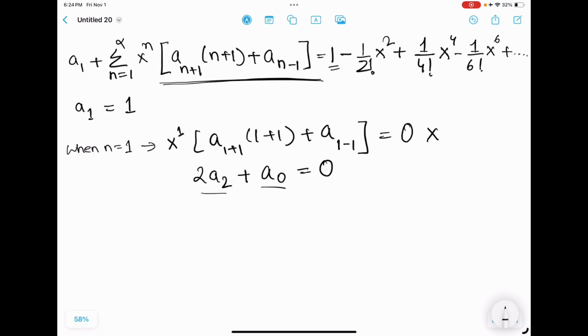And depending on what order of differential equation we have, we can have multiple arbitrary numbers. So in this differential equation, it is just our first differential equation. That means we will just have one arbitrary number. So that will have to be a sub 0, okay? So that means my a sub 0 is arbitrary.